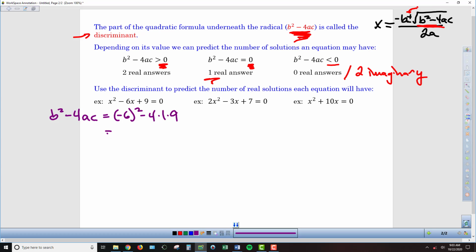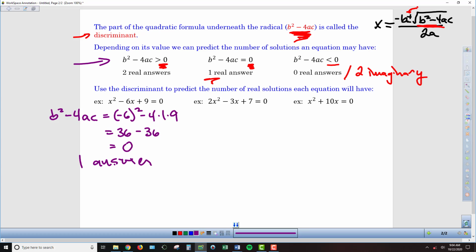Negative 6 squared is going to give me 36, and then minus 4 times 1 times 9. 4 times 1 is 4, times 9 is 36. So I'm going to get a discriminant of 0 on this one. And so what that tells me, if I look up at the different options here, is that I only have one answer to this question.